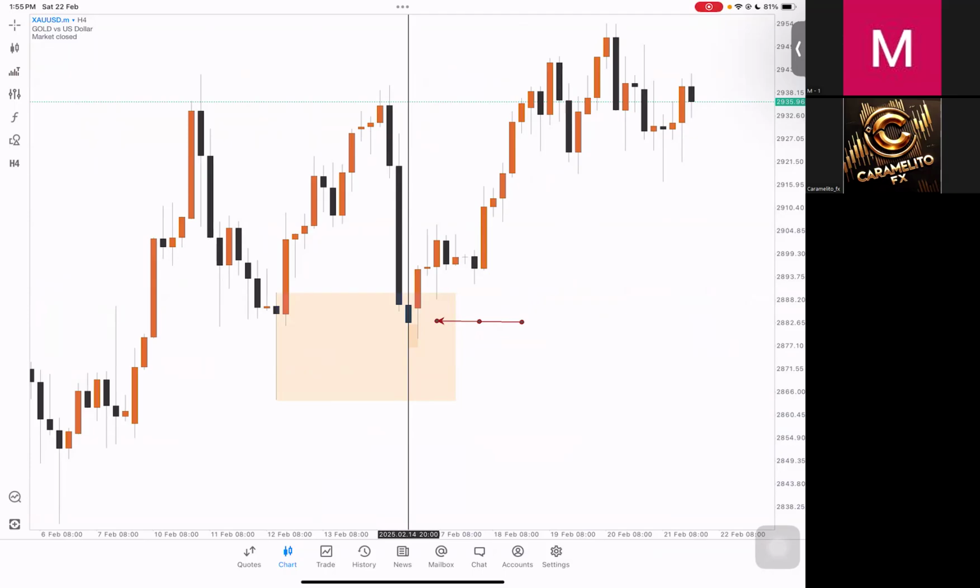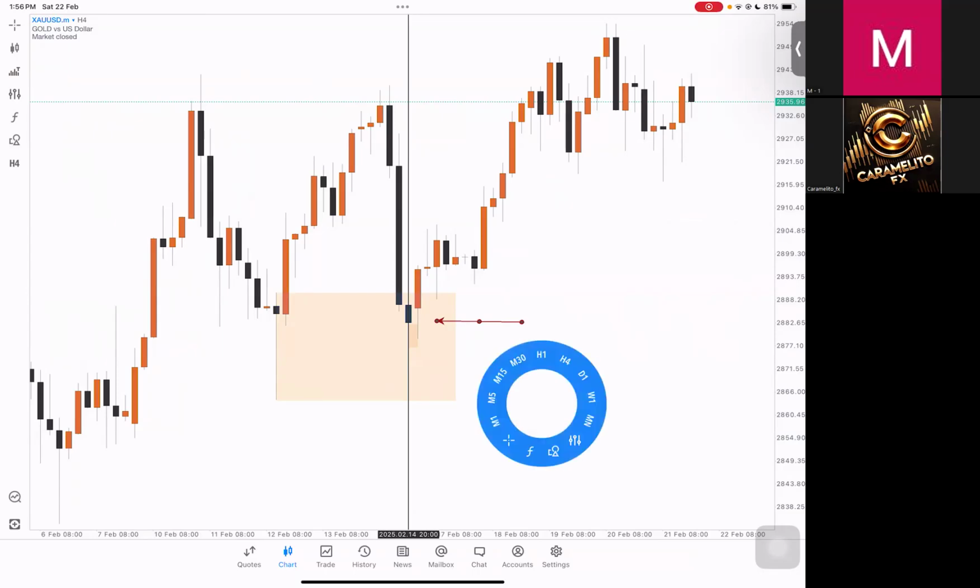Then you check H1 first. If H1 doesn't give you anything, only then do you go to M15. Do not skip time frames. If you skip time frames, you're going to make the rules not right, and later on you're going to feel confused because you skipped H1. At least go and see what happened on H1. Okay, cool, no problem.